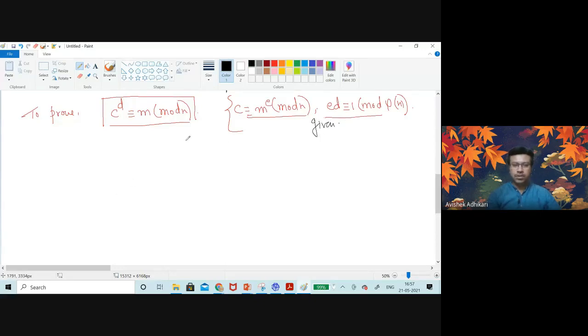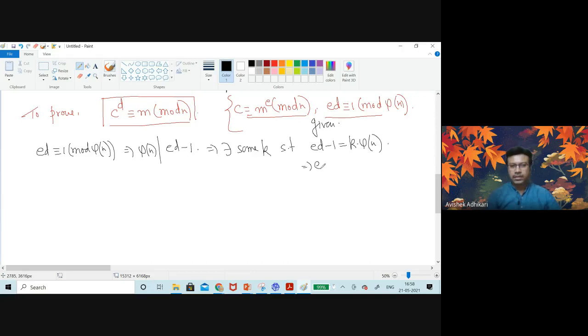So let's start from here. ed is congruent to 1 mod phi n. What does it mean? That means phi n divides ed minus 1. That means there exists some integer k such that ed minus 1 equals k into phi n.